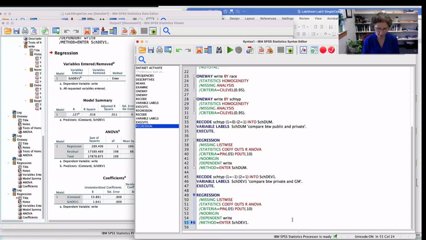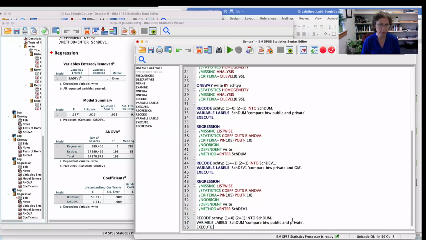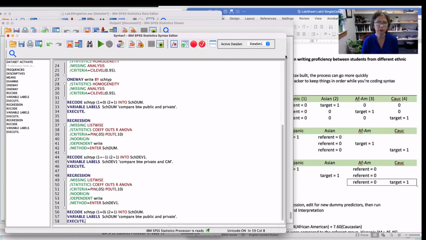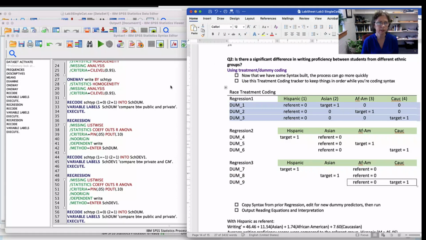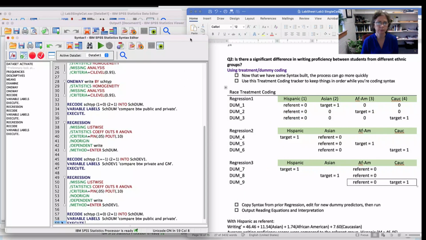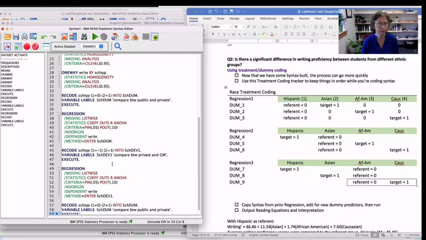I'll move this to this side so that we can see our tracking sheet at the same time. There we go.